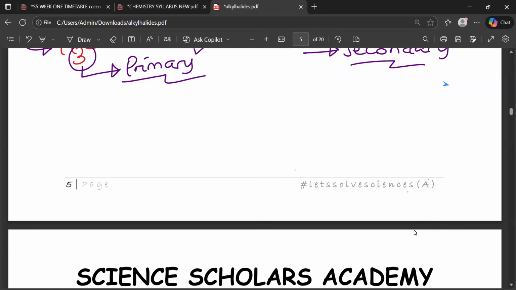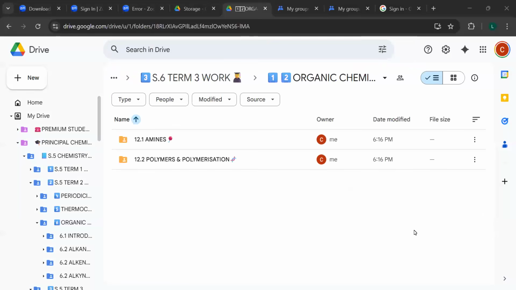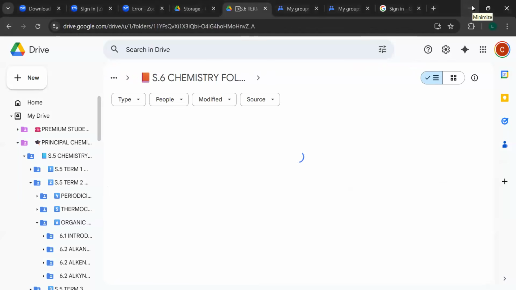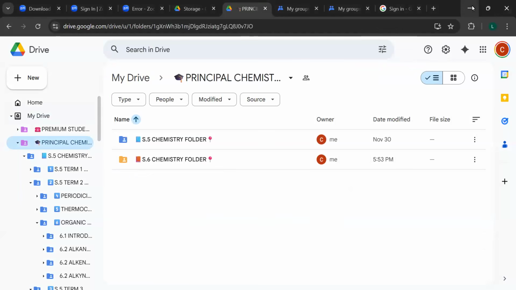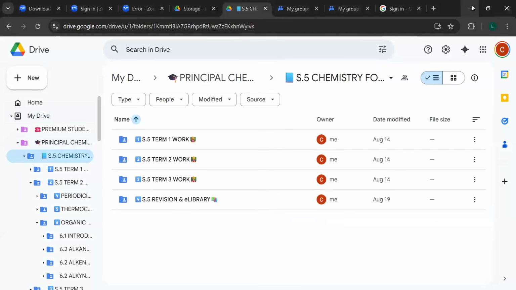But if at all you want to visit them, I told you everything is a full package. You have all those things on the drive. You just go to the folder of senior 5 chemistry, and go here where you see revision and e-library.